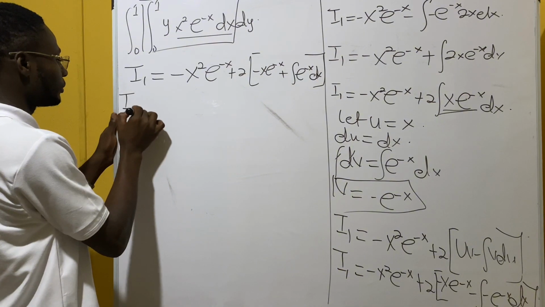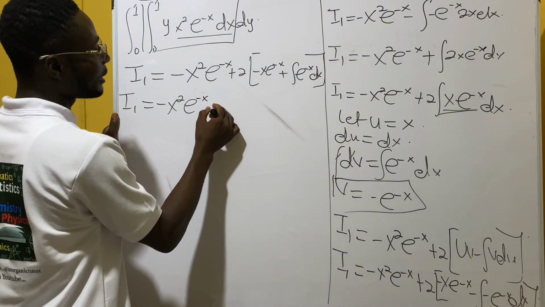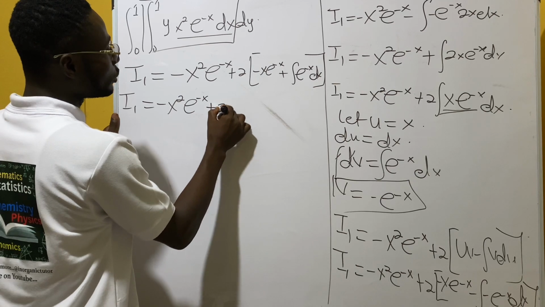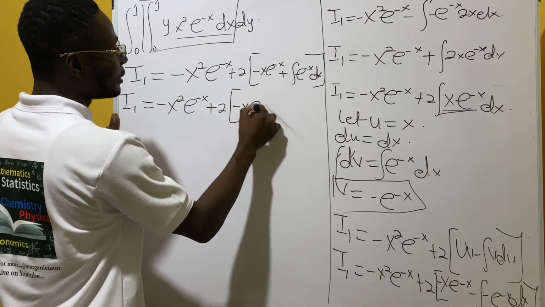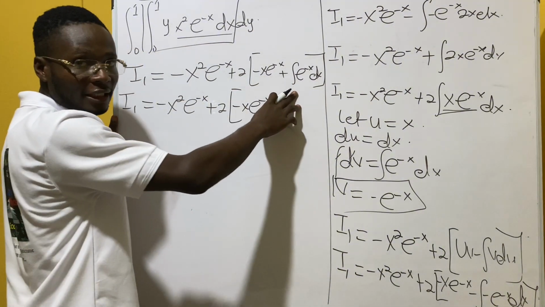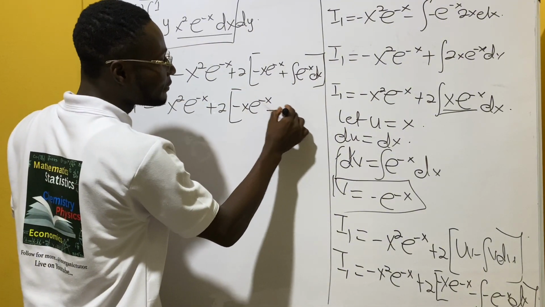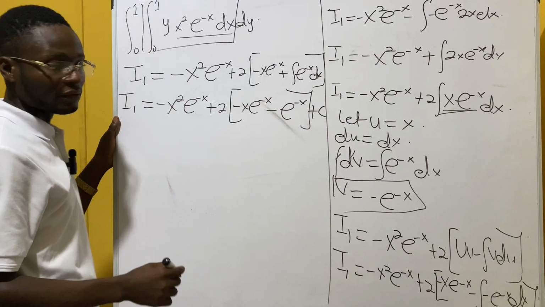The integral of e power negative x is negative e power negative x plus our constant of integration.